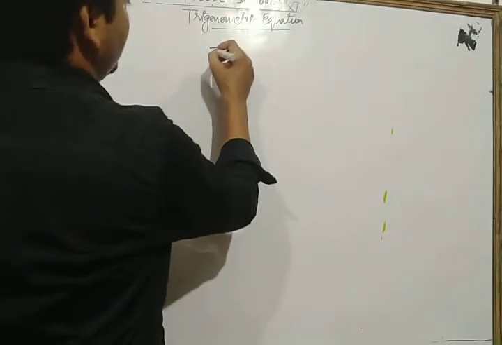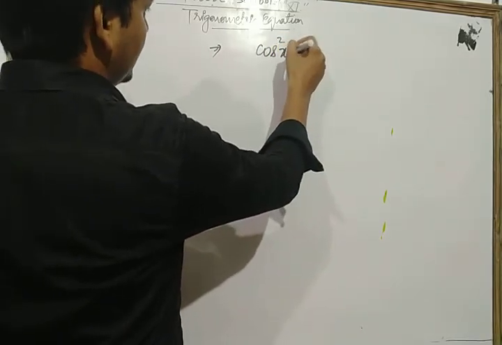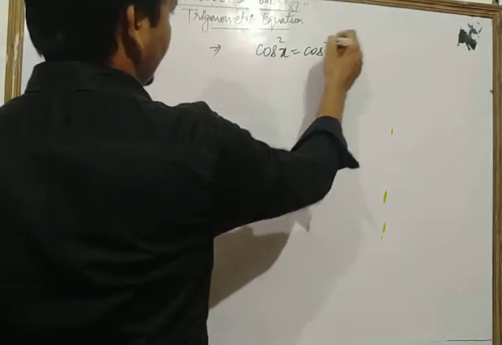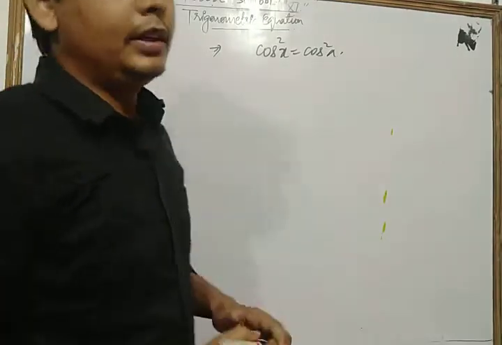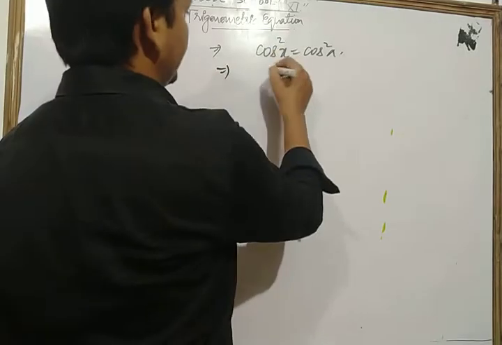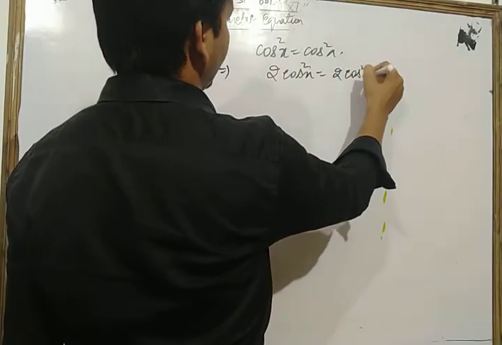Now we discuss the trigonometric equation of the form cos square x = cos square alpha. We apply the same method: we multiply both sides by 2, so we get 2 cos square x = 2 cos square alpha.